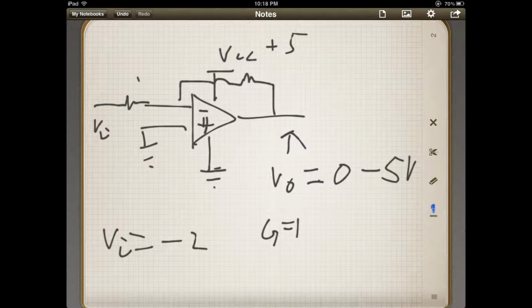If our two resistors, this guy and this guy, are the same, we'd have a gain of 1. So basically our V out would equal 2, right?